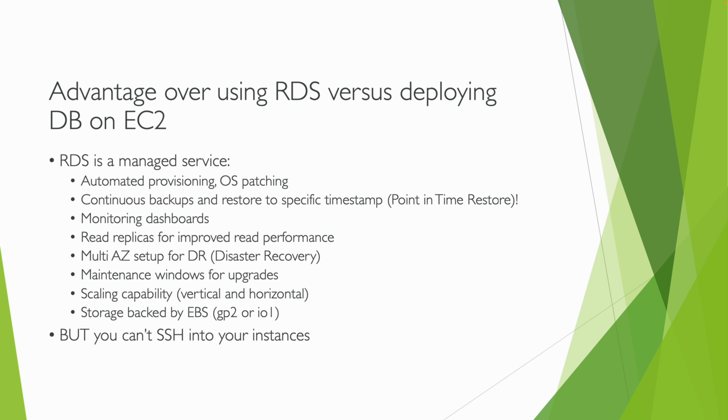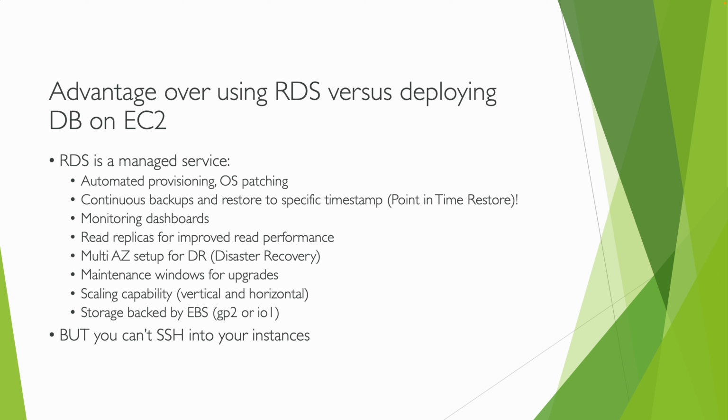It will take care of all the loads. Whenever the CPU usage is high or the database usage is high, it will add some servers in the background and maintain the durability, and it will scale automatically in the background. So you don't need to worry about the scaling of your database.